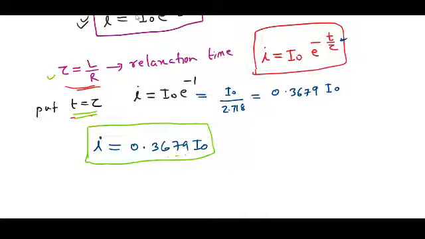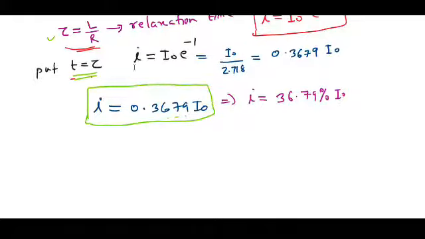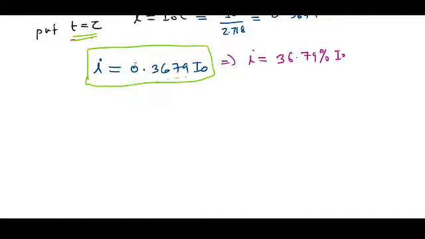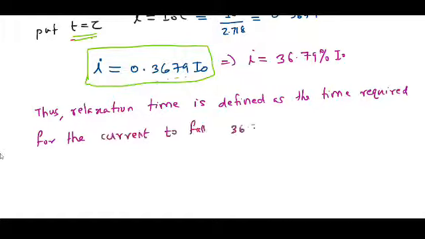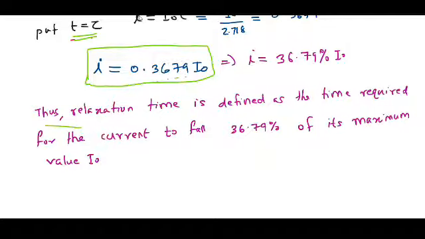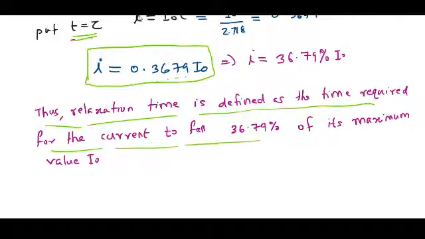Thus, we can write the relaxation time in words: the relaxation time is defined as the time required for the current to fall to 36.79% of its maximum value.